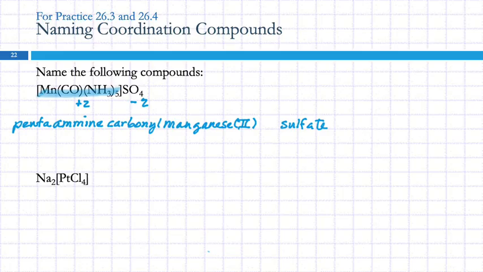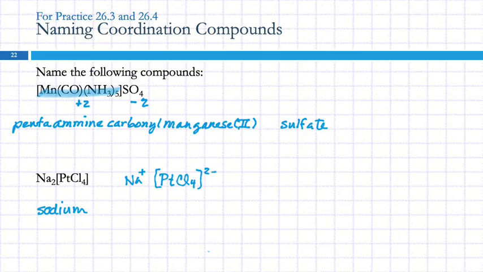So we name the cation first, which is the sodium. So just like ionic compounds, there's two names, a first name and a last name. And so here we've got sodium ions, right? And the complex ion, which in this case has -2 charge.